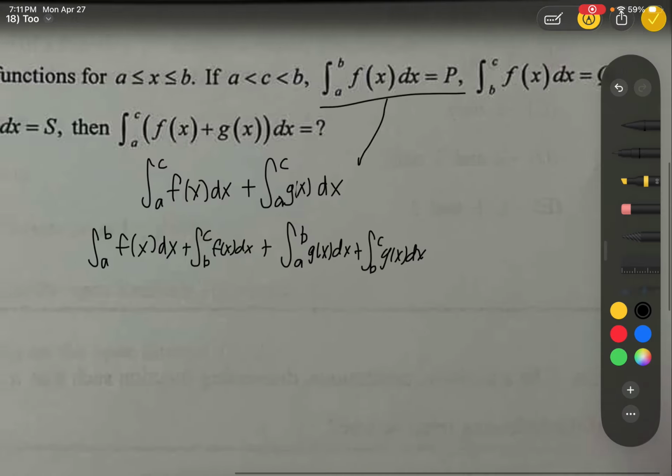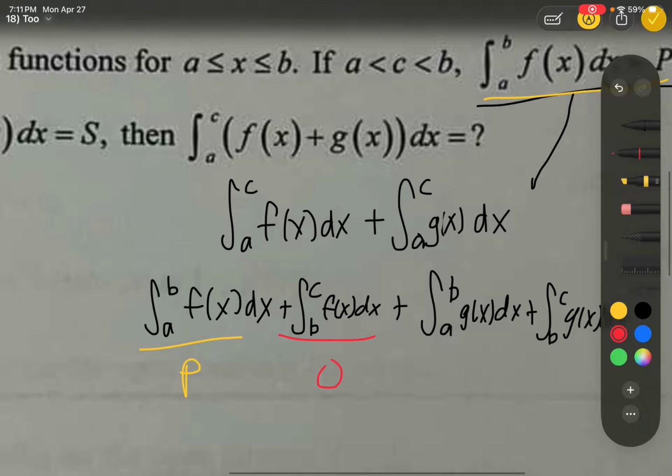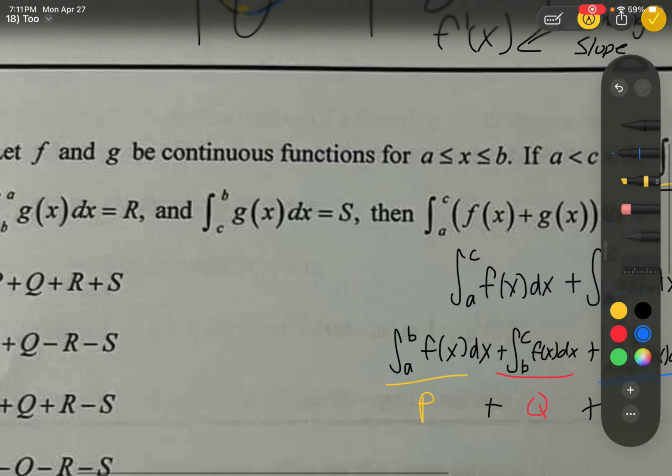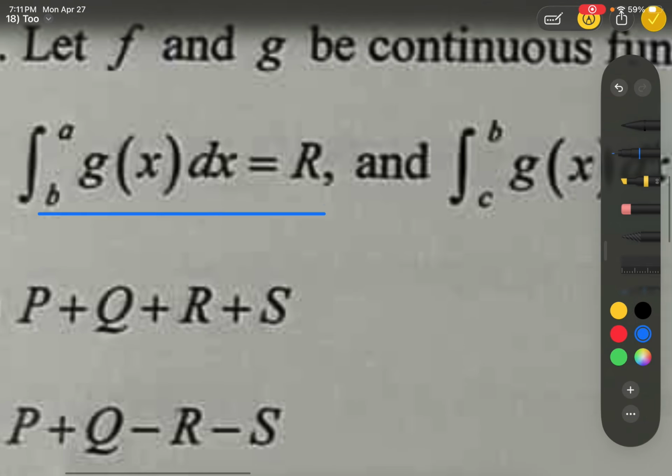So yeah. So from A to B, f of x dx is represented with P. From B to C, f of x dx, that's going to be Q. Plus, then from A to B, g of x dx, we're given R, but it's going to be backwards.